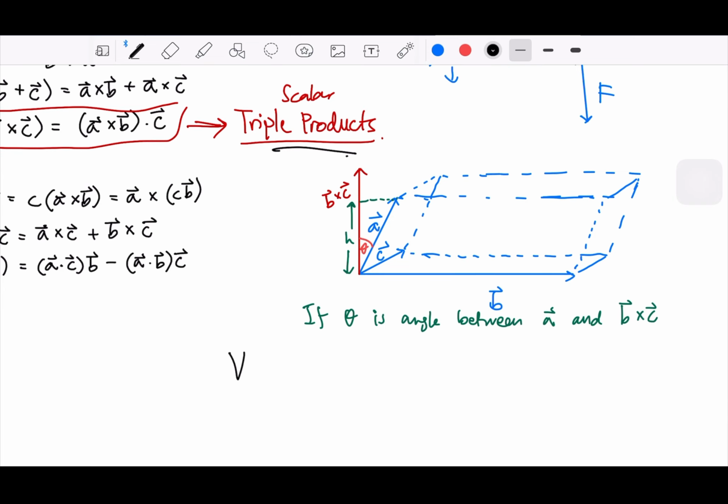Then the volume of this parallelepiped, this is called the parallelepiped. Okay, it's difficult to pronounce. Parallelepiped. So the volume will be equal to the base area multiplied with the h, right?